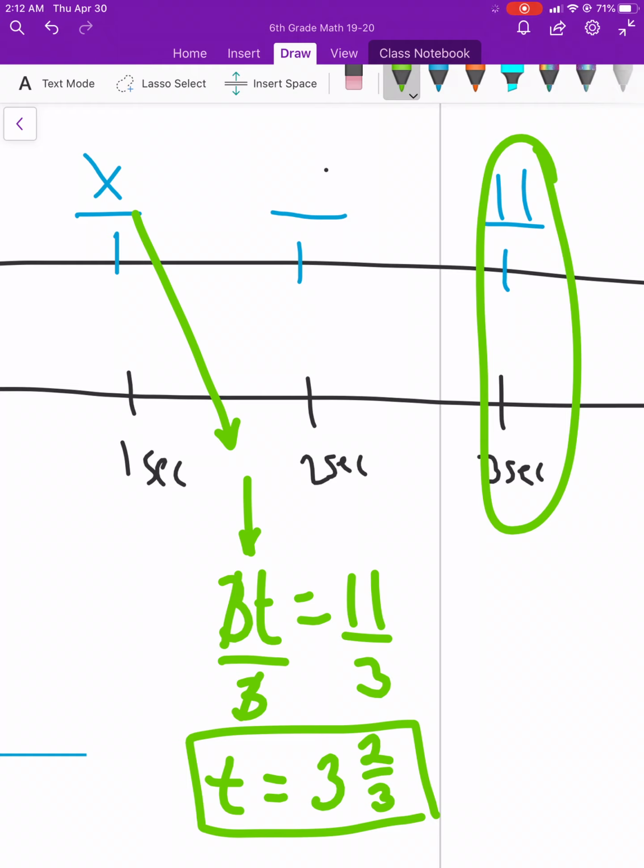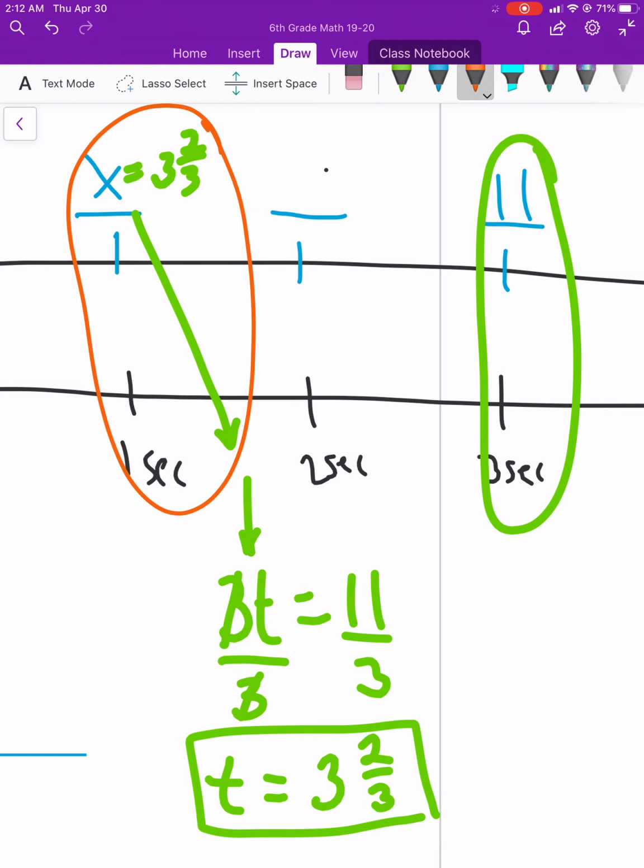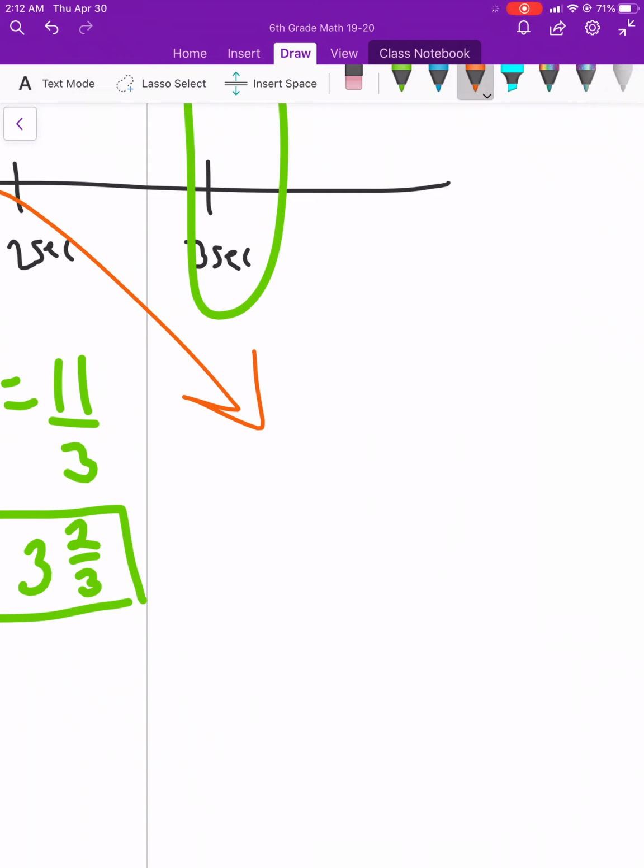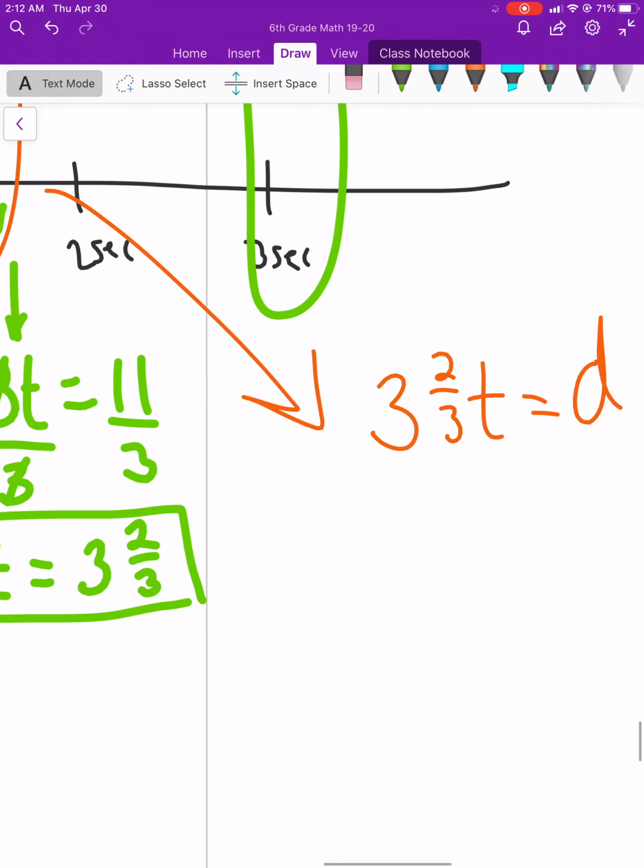So now I have a brand new equation. I now know that x is equal to 3 2/3. So now I can rewrite this over here. It's 3 2/3 t equals d, 1d, right?